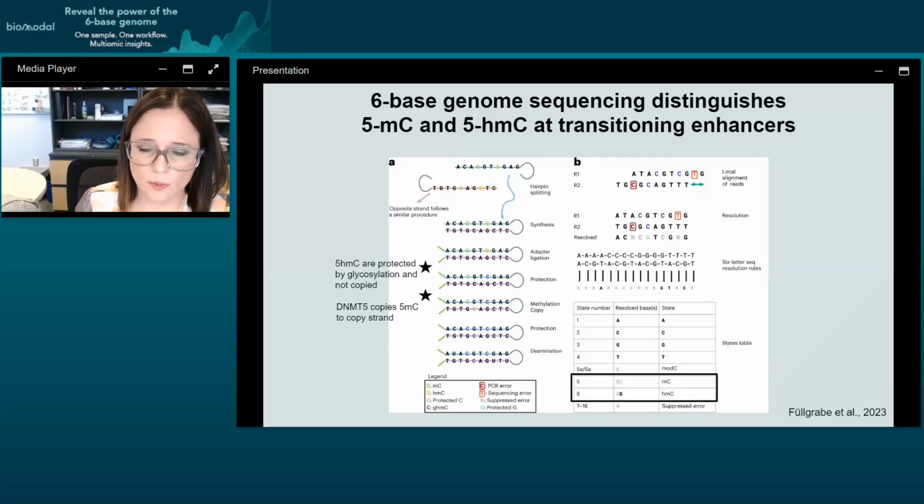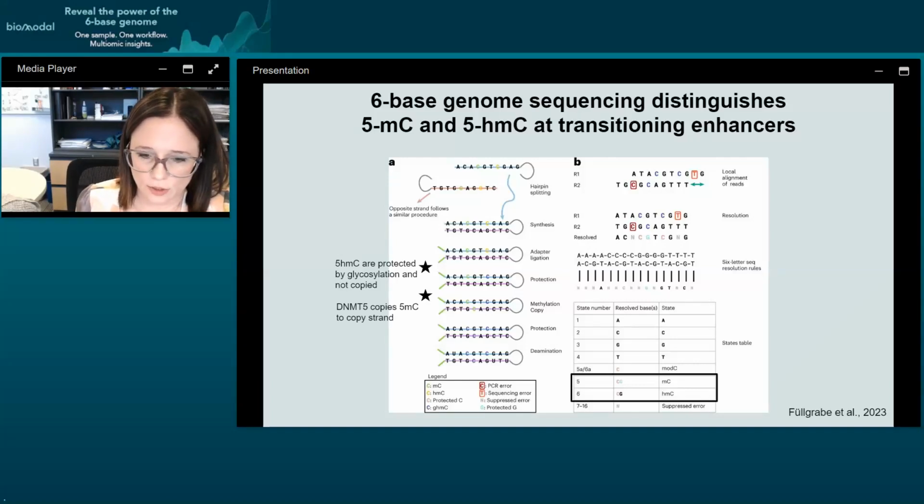The first way that we were able to use this protocol is as a means to verify the methylation states that were called in the ATAC-Me data.